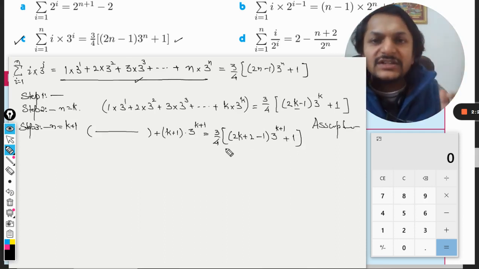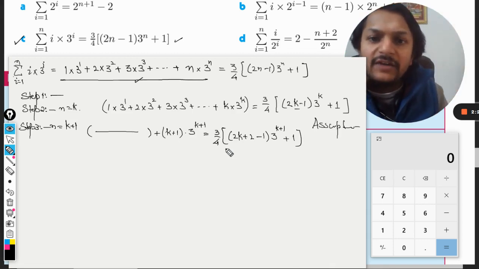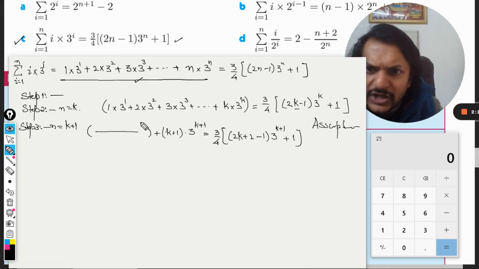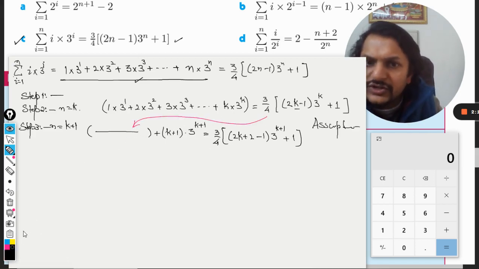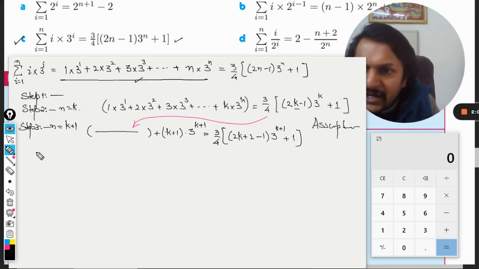Now we are just left with mathematical arithmetic tools, and we need to prove these two statements to be equal to each other. So the first thing I'm going to do is make use of this assumption. We are now going to substitute this complete term for this big expression.